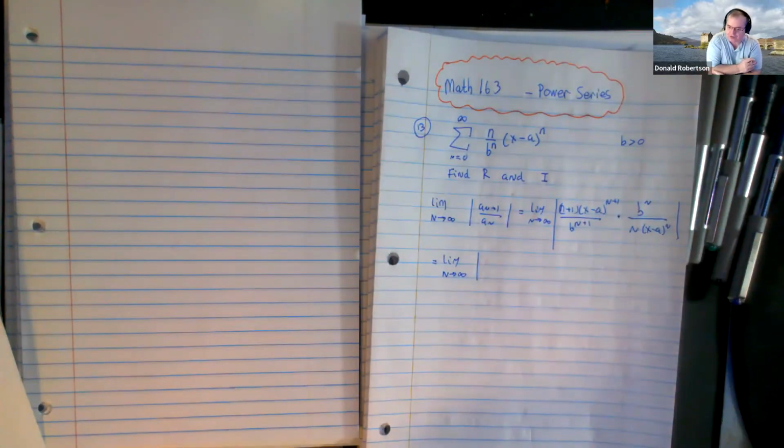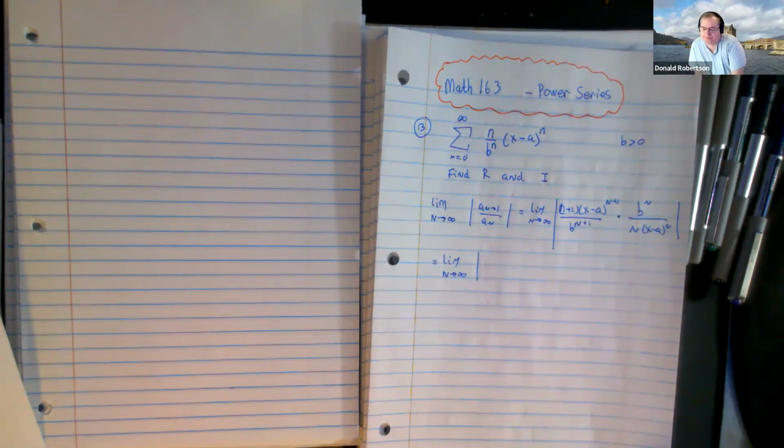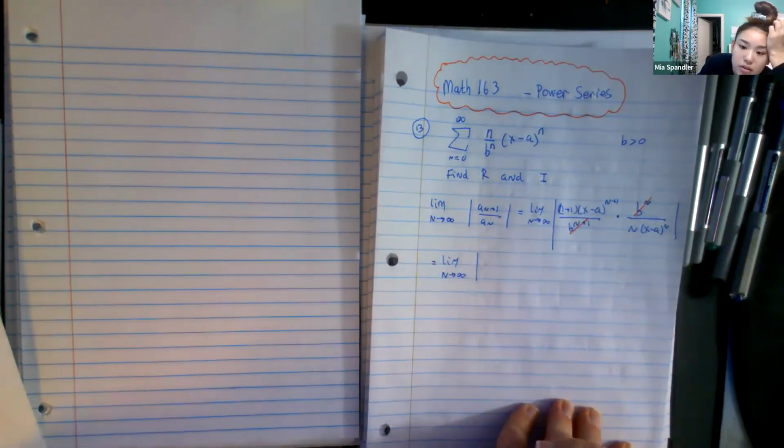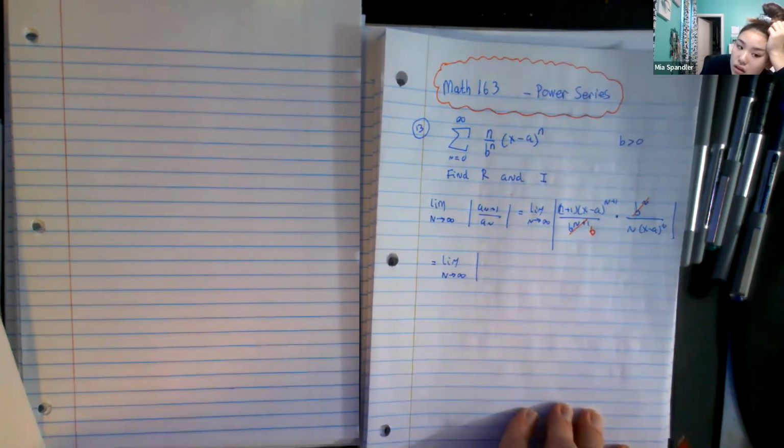Okay, you tell me. I was about to do the answer, but you tell me. Something on the top, cancelling with something on the bottom. What's left and where does it go? The B to the N and then the B to the N cancel, and then there will be a B left over on the bottom. Okay, I'll do the next one.